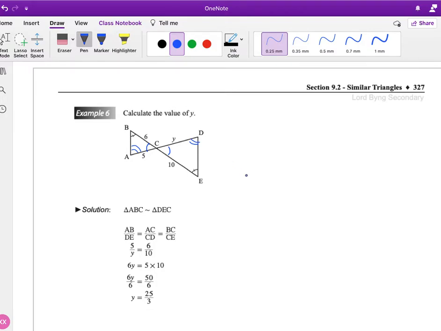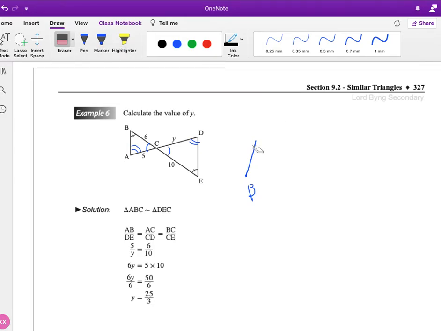That's your B, at the vertex. And then your D will be your A, right?